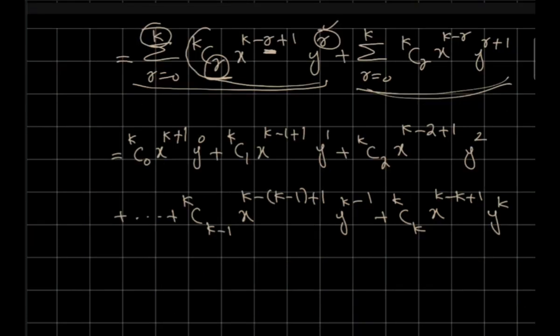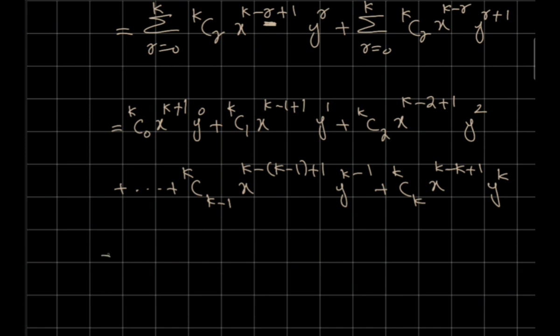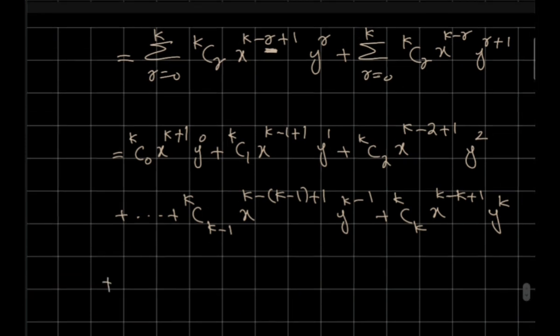Now we will do the same thing for the second expression as well. So we will write plus. Now put r is equal to 0, 1, 2, 3 up to k minus 1 up to k in these terms.